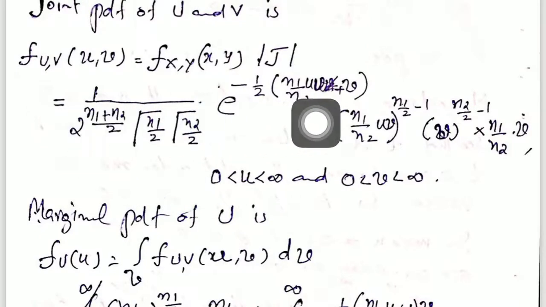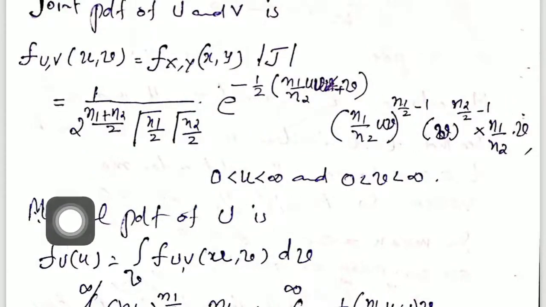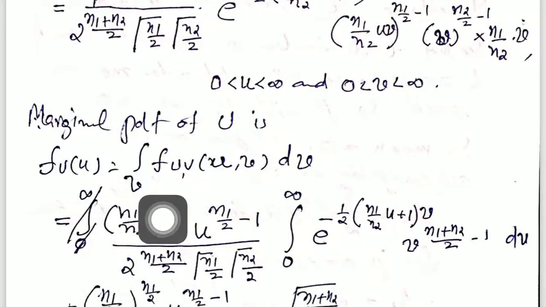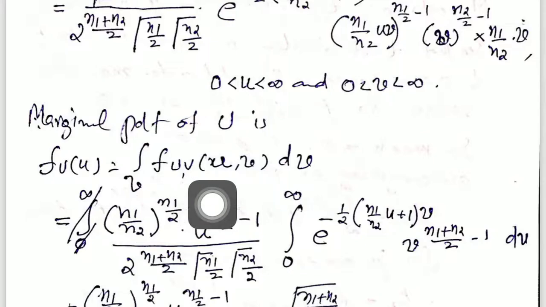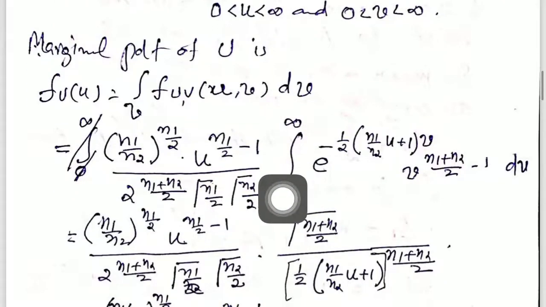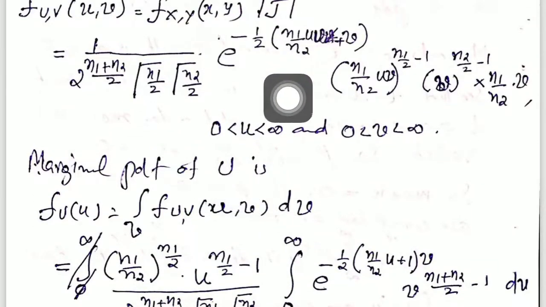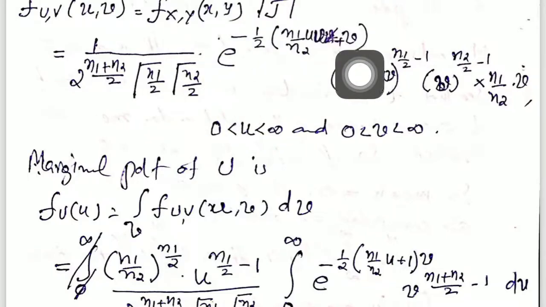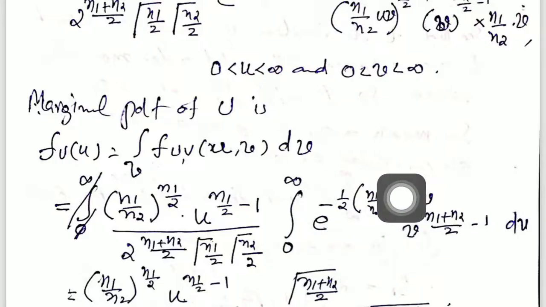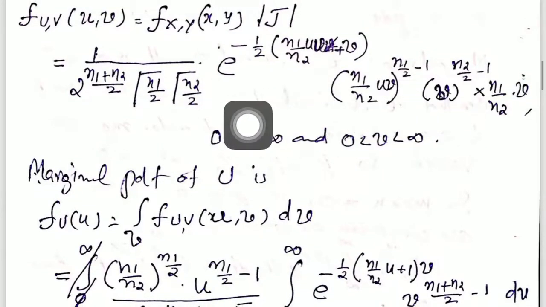And from this joint PDF of u and v, you can find the marginal PDF of u as f_U(u) equal to the integration over v of the joint PDF of u and v with respect to v. So all the constants, you take outside the integration, and under the integration you can put the integrand like this, and this can be easily justified from this expression.